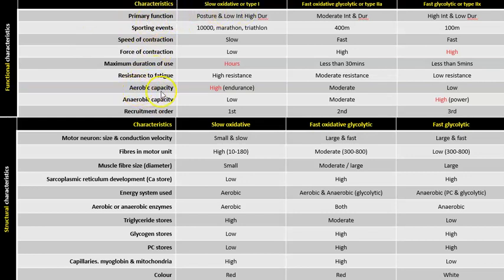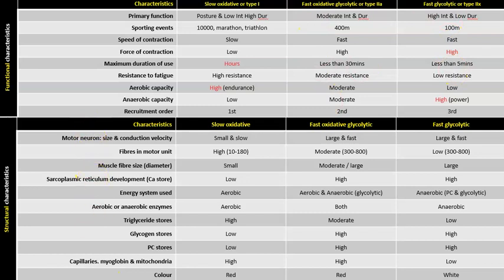Does it have a high aerobic capacity? Well, I know that slow oxidative does because they work aerobically, and I know that fast glycolytic or type 2X doesn't because they work anaerobically, and I know that FOG generally is yes a bit, moderate. So these are the criteria which I really recommend you try to get your head around and learn so that you can compare and analyze the three different types of fibers.